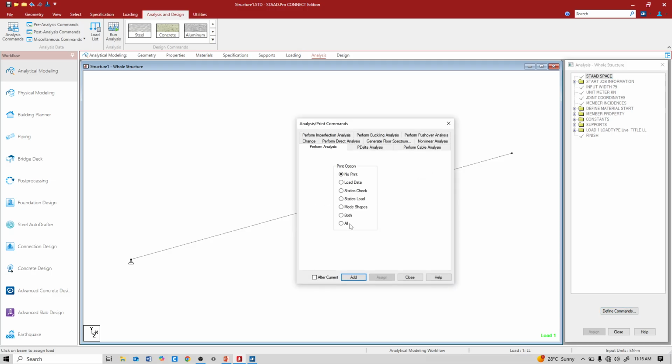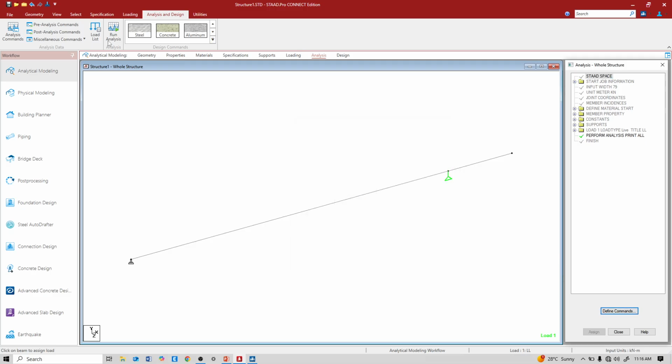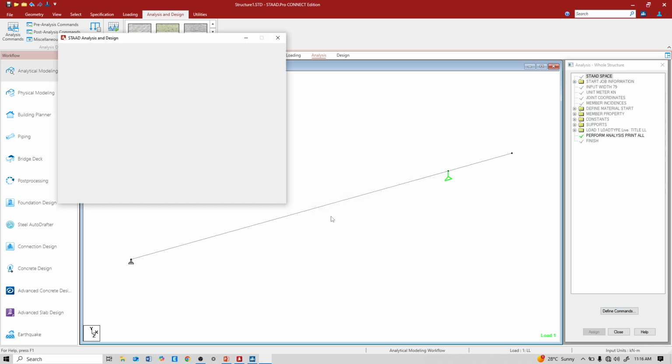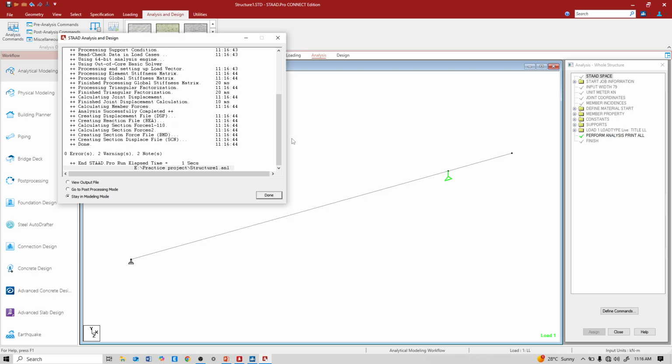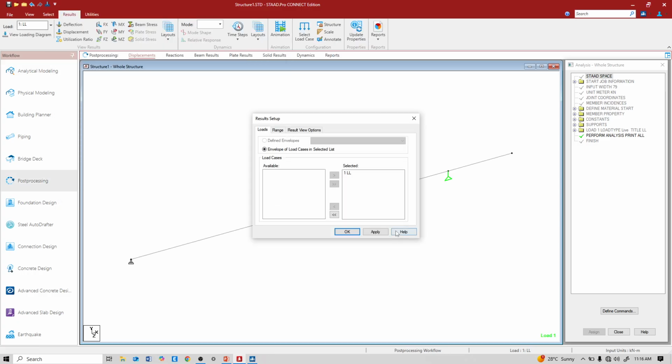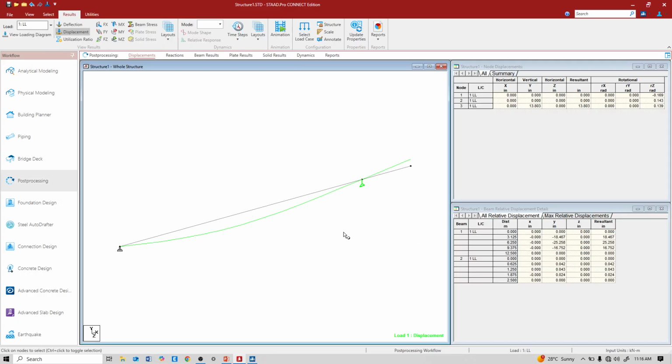So let's analyze it. Define command. Add loads and run analysis. We will see how the shape of bending moment and shear forces is, for live load only, not for dead load. So see deflection.